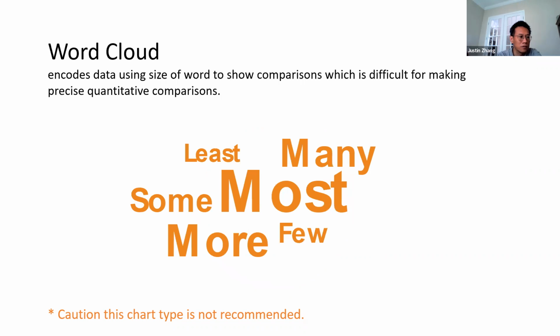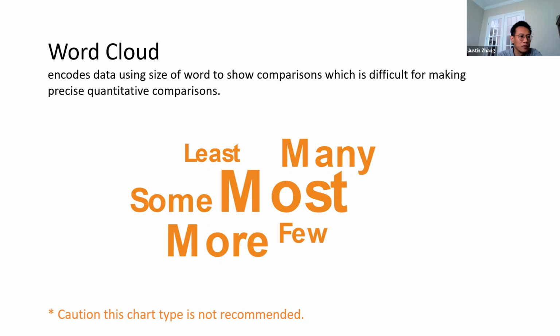Next, word cloud. A word cloud encodes data using the size of words to show comparisons. Again, it is difficult to show precise quantitative comparisons.